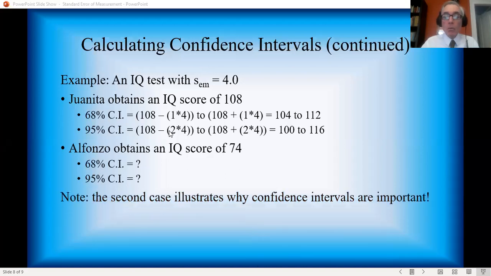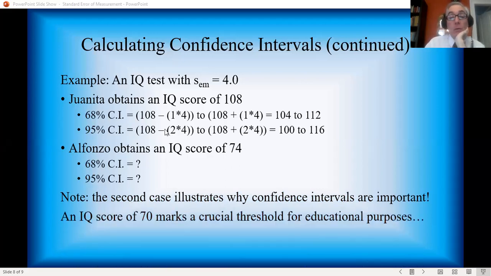That said, we are going to go for a moment back into the slides, and we're going to wrap up in just a minute. Oh yeah, that second case, by the way, that shows us why confidence intervals are so important. An IQ score of 70 can be a very important threshold in some assessments, where if you're below 70, you might be considered intellectually disabled, which would free up considerable services for you.